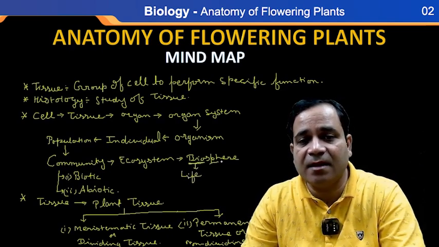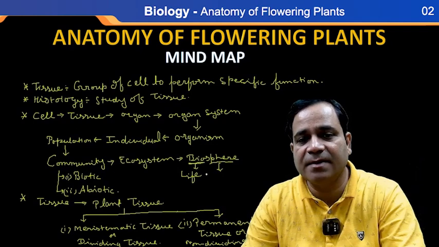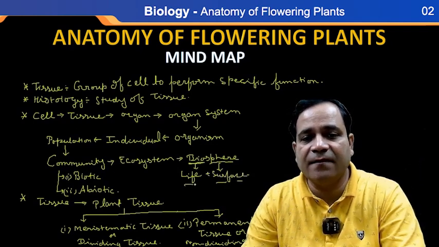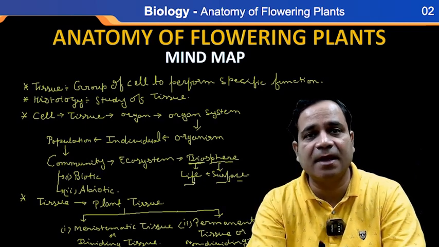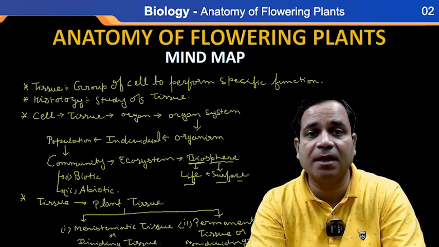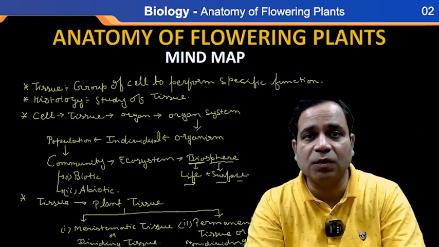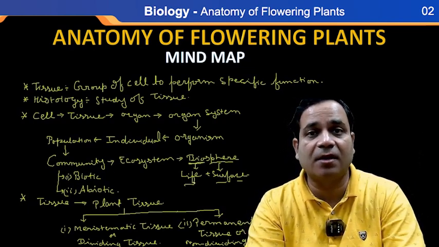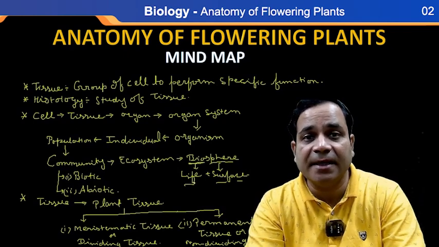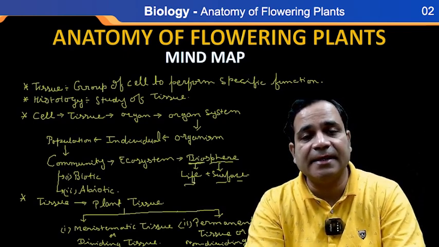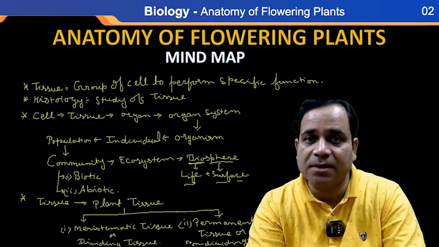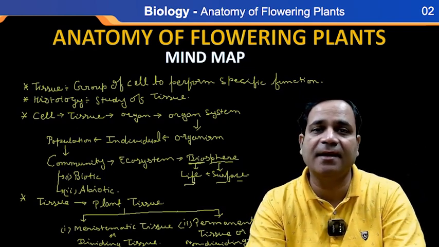And sphere means surface. So the life which is present on the surface is known as biosphere. And you all know that life exists in three places. Terrestrial, the organisms which live on land. Aquatic, the organisms which live in water. And animals which live in air are known as aerial animals, right?